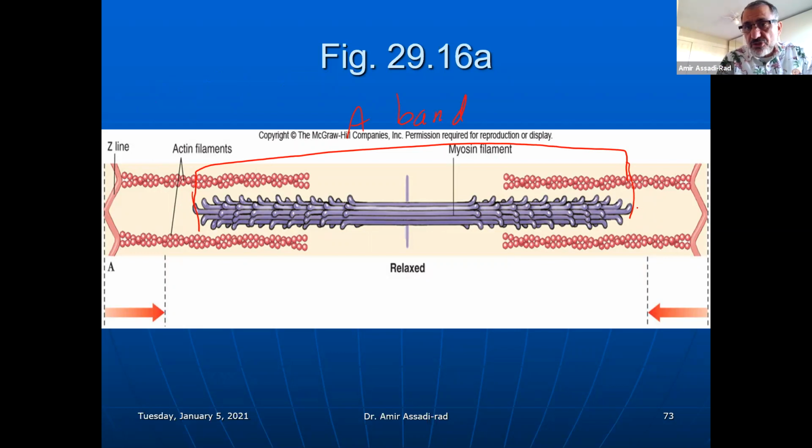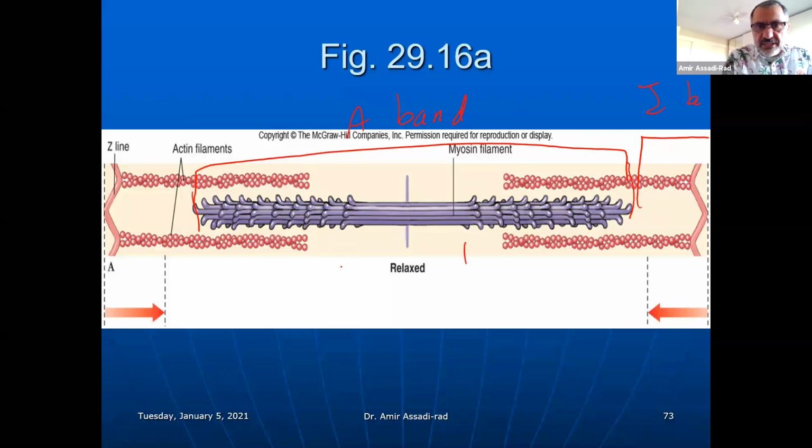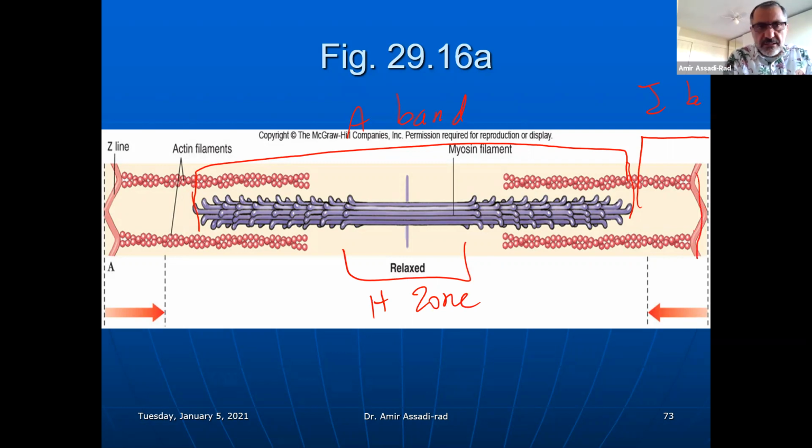I band, this diagram doesn't show it, is from here to the next myosin. So that would be the I band, okay? And then of course, this is the H zone. So Z line, Z line.